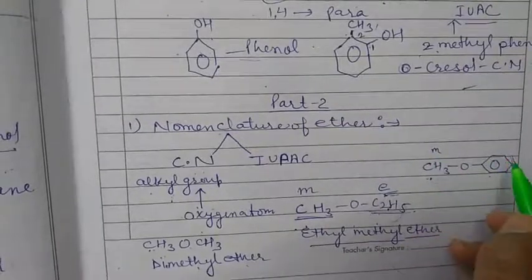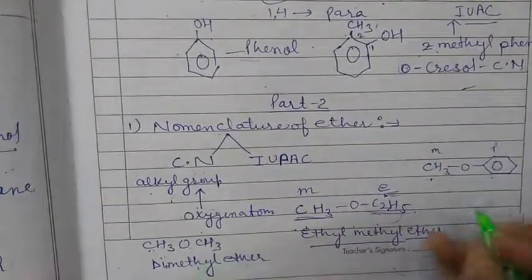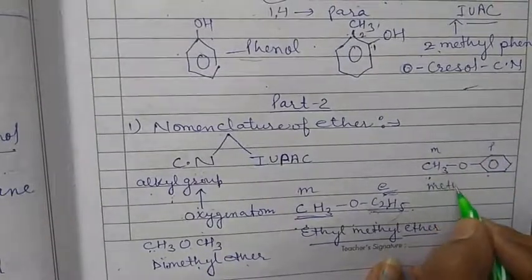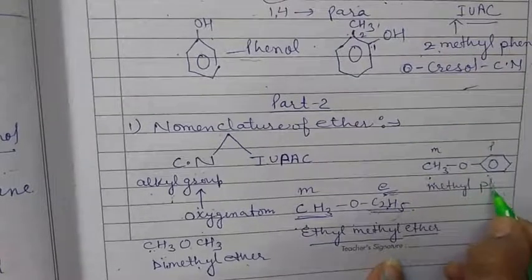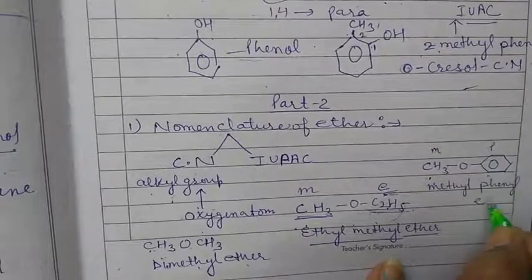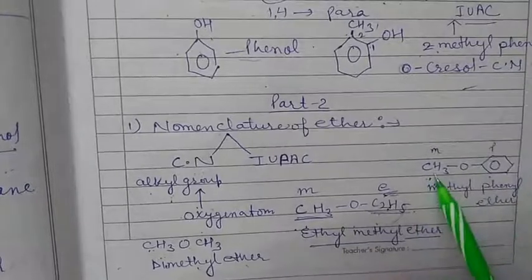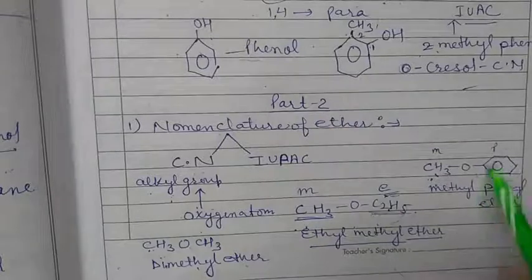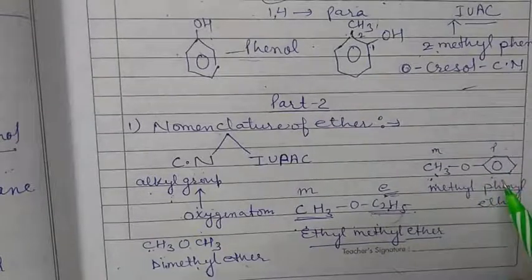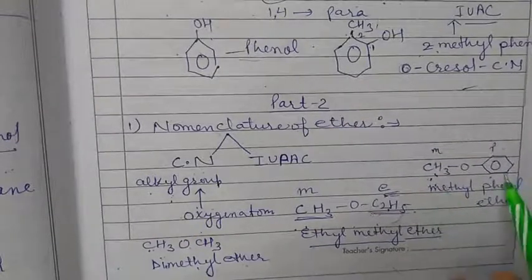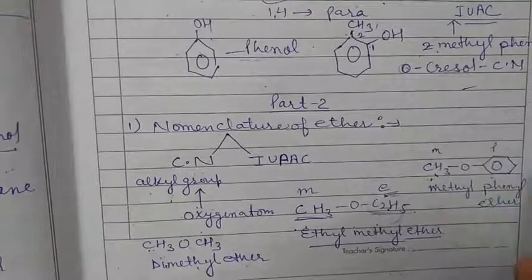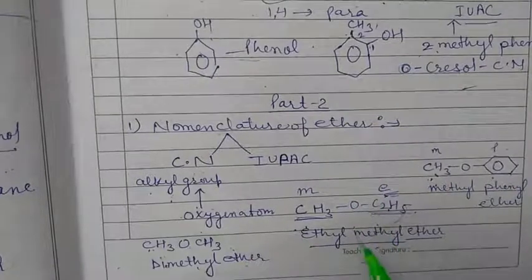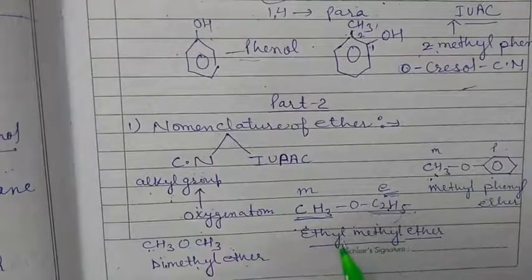M comes first. C6H5 means phenyl. So this is methyl phenyl ether. This is all about the common name of the ether.